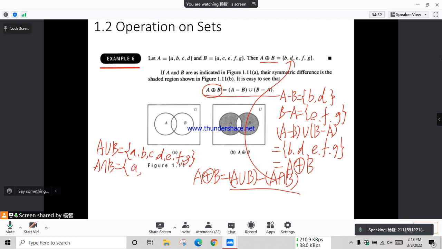A and C. So A union B minus the intersection of A and B equals what?